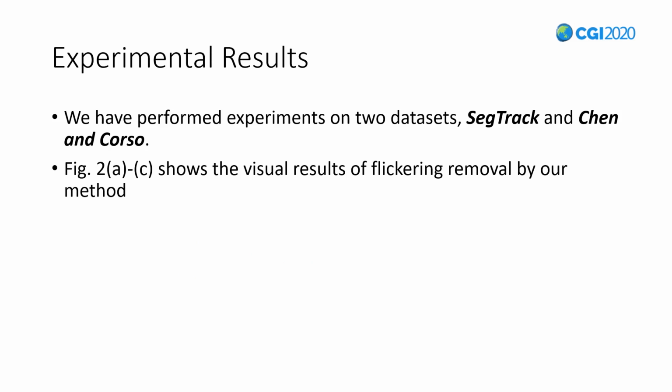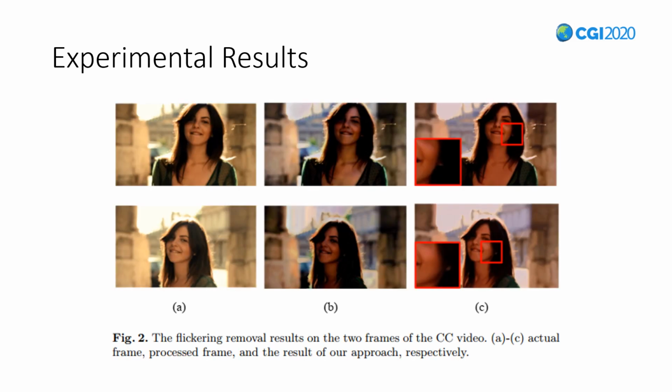Next, the experimental results. We have performed experiments on two datasets named SEG-TRIG and Chen and Corso. The qualitative or visual results of our technique are shown in figure 2 that is present on the next slide. This figure shows the flickering removal results on two frames of the CC video.